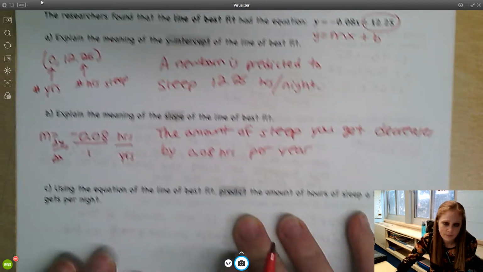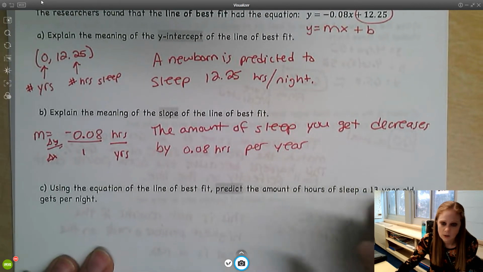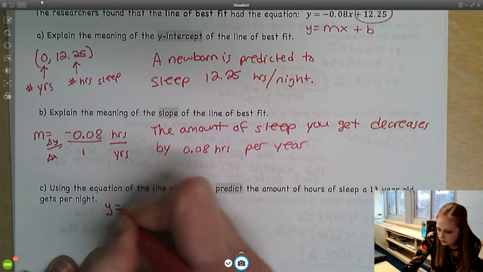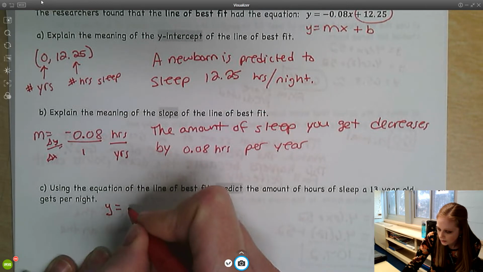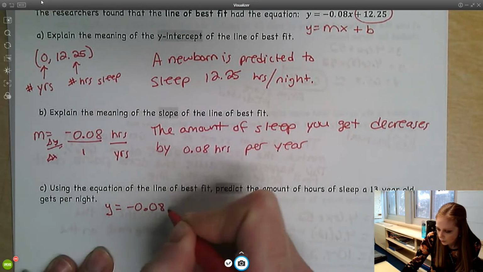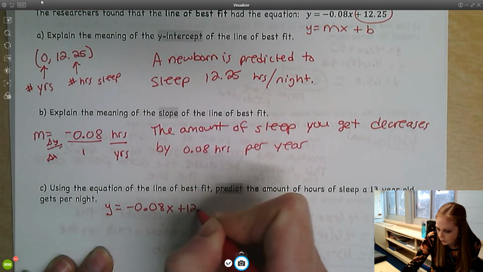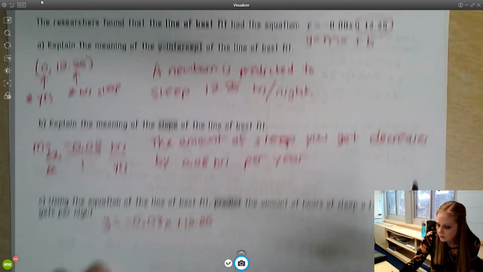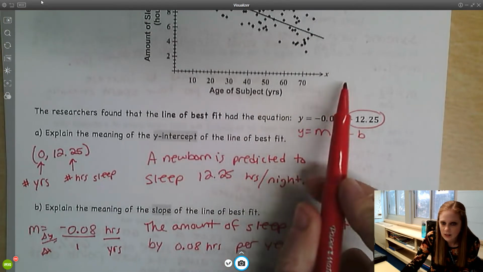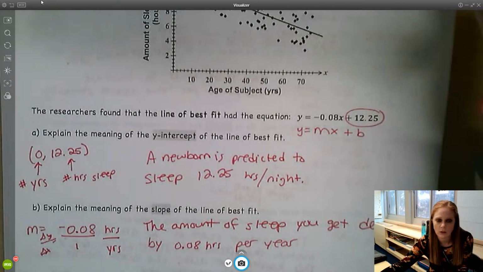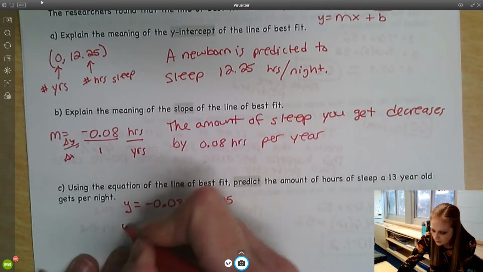So that's our slope. And now let's predict how many hours of sleep a 13-year-old can get. So let's rewrite our equation, which was y equals negative 0.08x plus 12.25. The age is the x-axis, x for the age. So the 13 years will plug in for x.